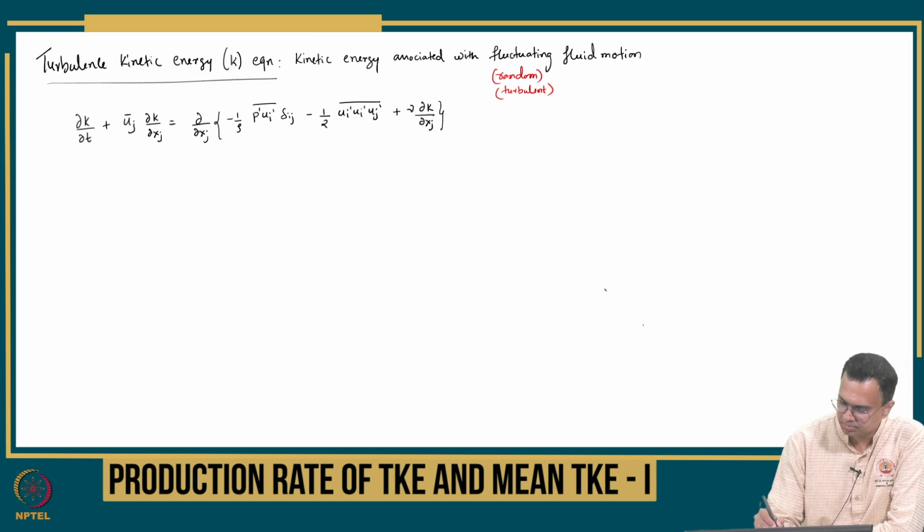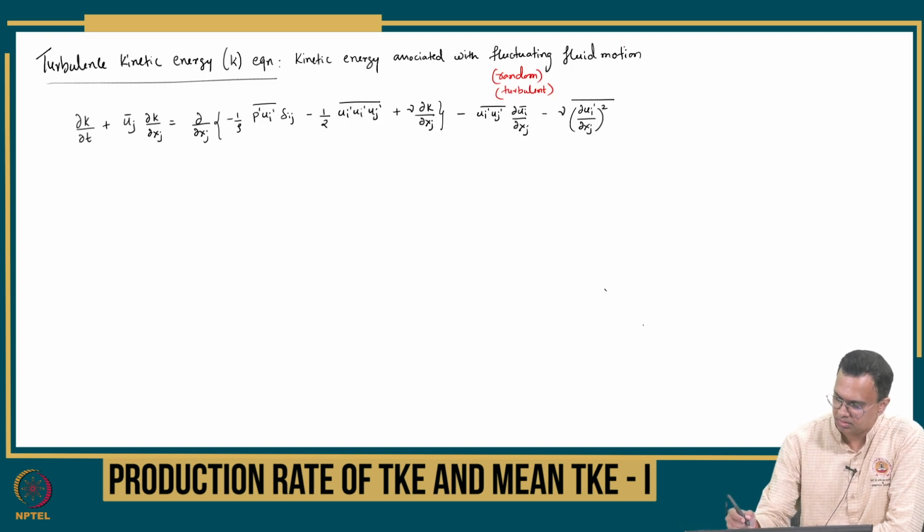And then I have the production rate term, which is minus ui prime uj prime dou ui bar by dou xj, and then the dissipation rate term, minus mu dou ui prime by dou xj squared, averaged.